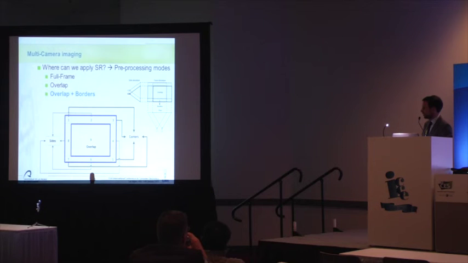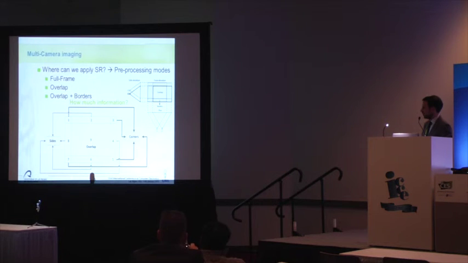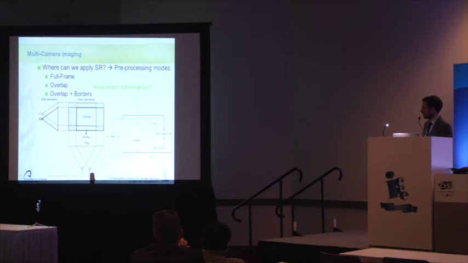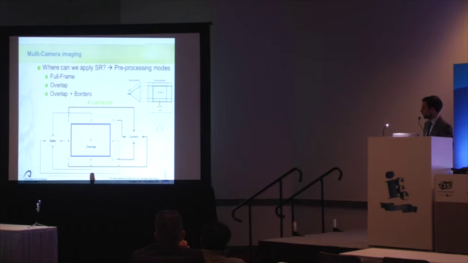And for this, we need to know how much information we have for the different cameras. In the overlap region, which is this one, we are getting information, of course, from the 4 cameras. The 4 cameras are providing information in this case.